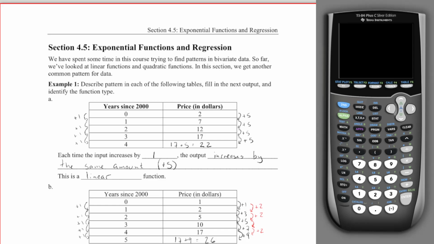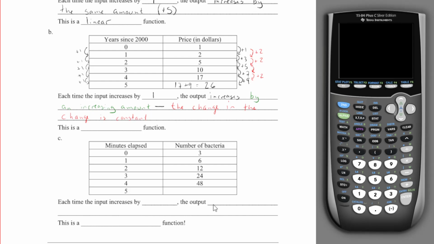The way we described this pattern previously was the change in the change is constant. So this is the quadratic pattern that we saw in section 4.4.